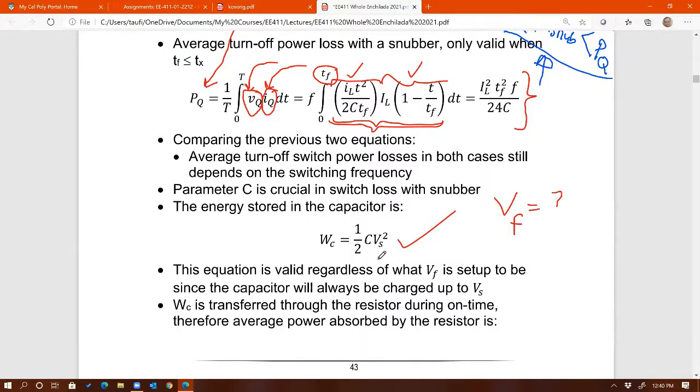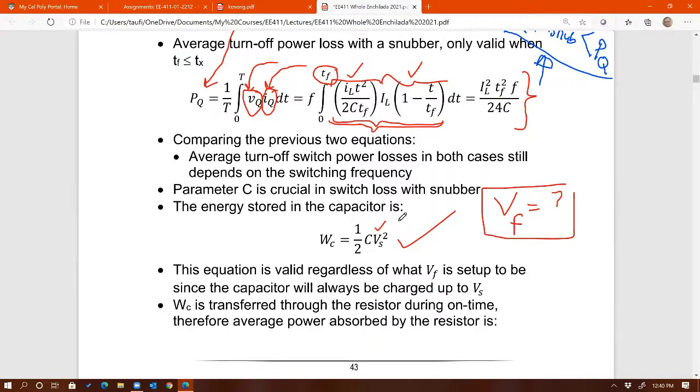Now, for this equation for energy, since the capacitor voltage will eventually reach Vs, the supply voltage, it is independent of what you choose for VF, right? So it doesn't matter what VF is, the voltage across the cap eventually will reach the supply voltage.